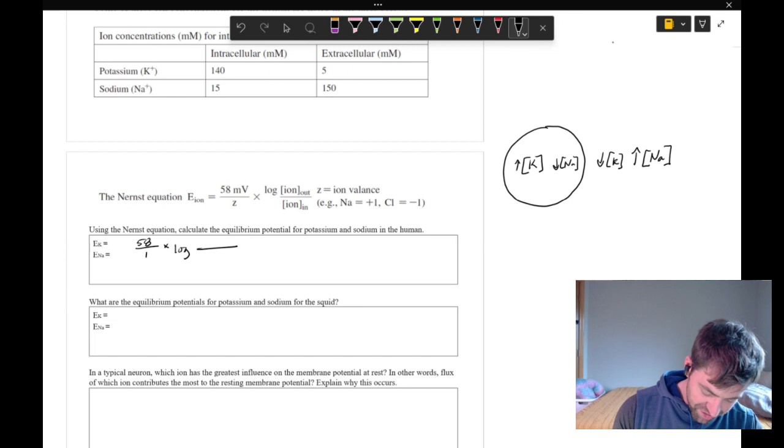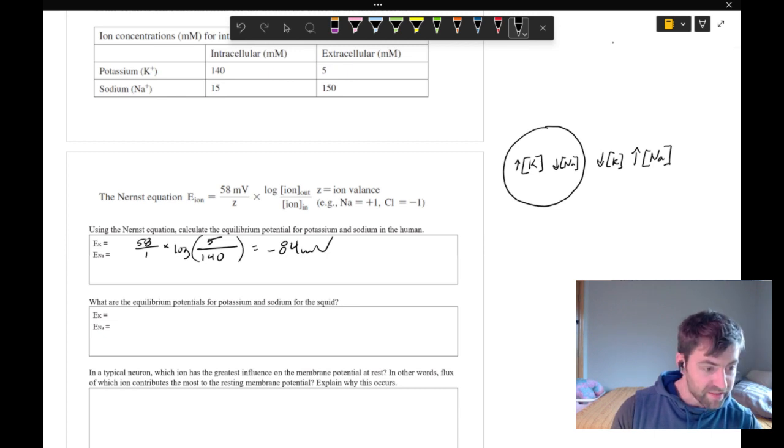The ion concentration of potassium outside is 5 to 140 inside. And if you plug that into your calculator, you're going to get negative 84 millivolts. And this is for potassium.